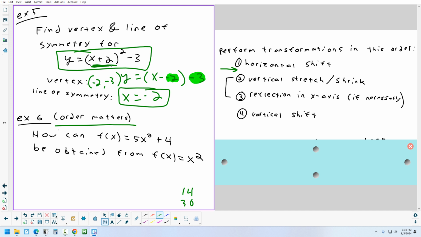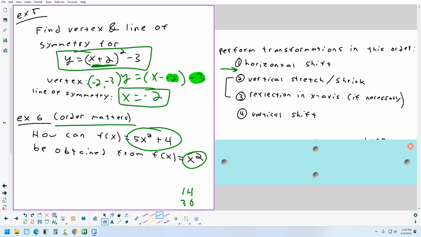So let's look at example 6. How many transformations would it take to change that into that? Have a guess.